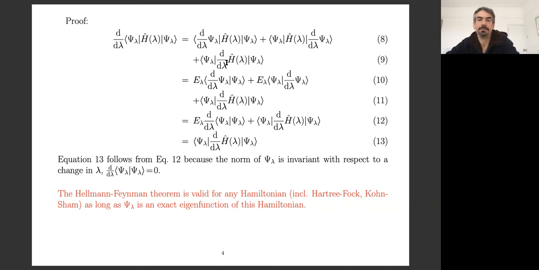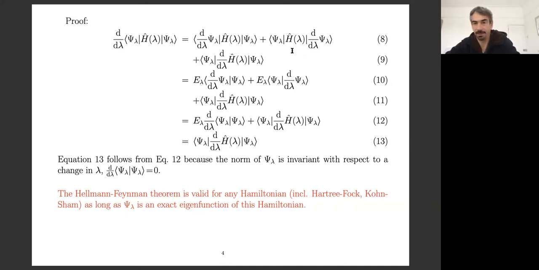Okay. Now, the first one is quite easy, because we know that this is an eigenfunction of the Hamiltonian with eigenvalue E lambda, so we can pull it out of that bracket. But now this second term is maybe not as straightforward, because the Hamiltonian acts on a derivative of that wave function. But here you can just do the usual trick, right?